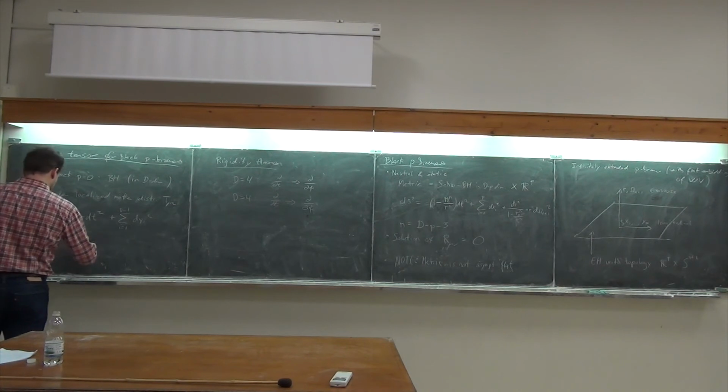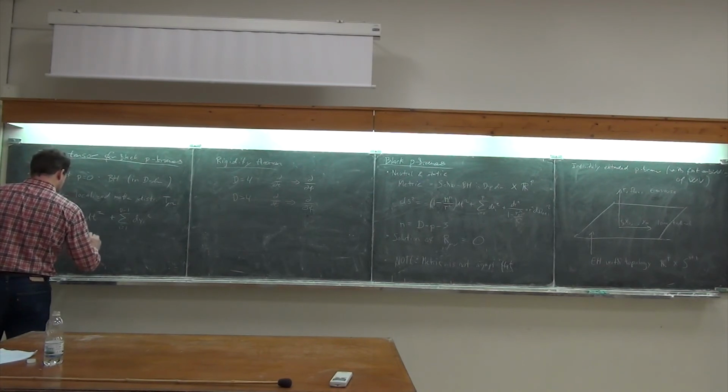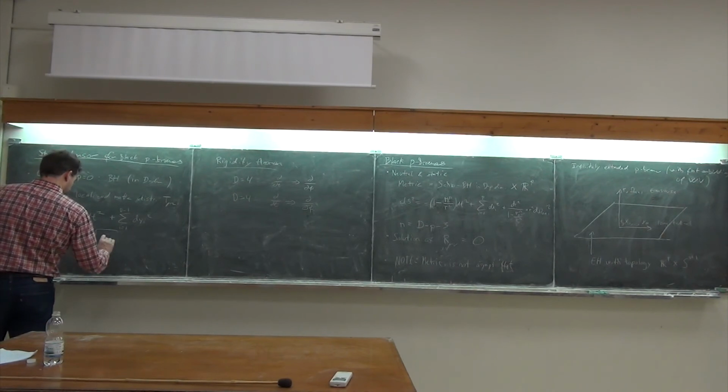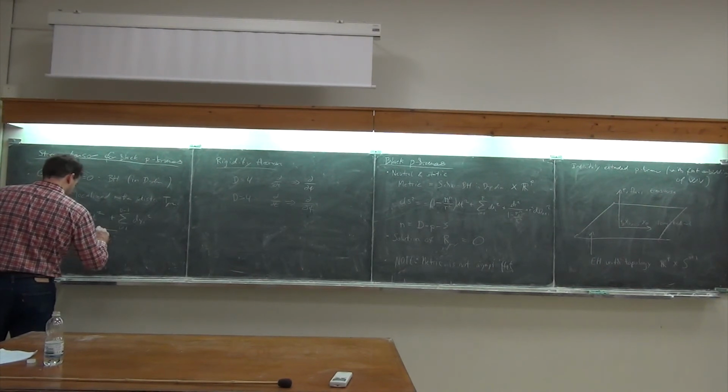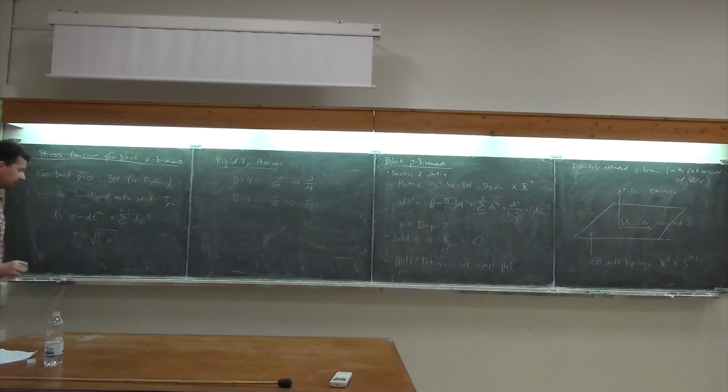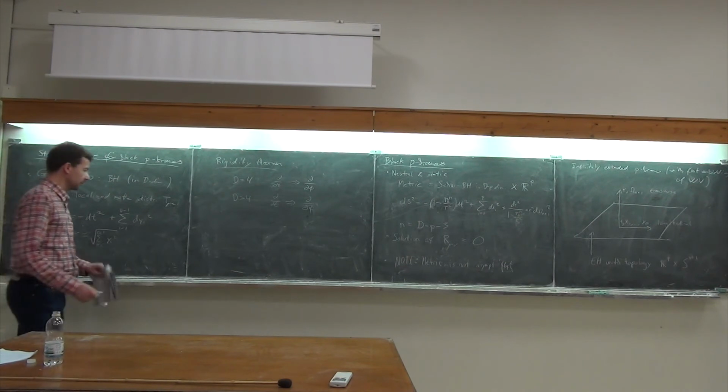And then I will also use the radius, which is just defined as the usual definition of the radius, the sum over all these y directions, in d minus 1 dimensions.